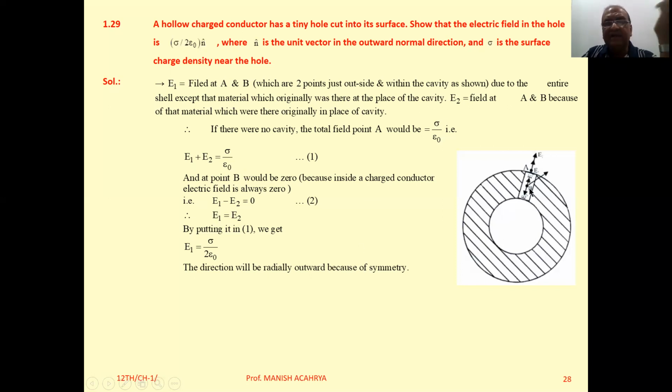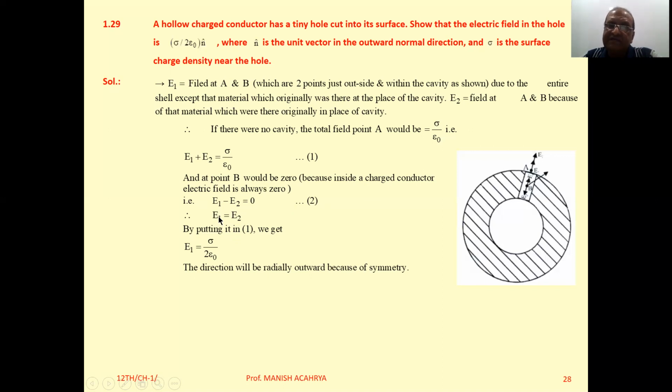B point, that is inside the conductor, and inside the solid conductor the electric field is always 0. It implies that if we think about E1 minus E2 here at B, net field, that is 0. So E1, that is equal to E2.